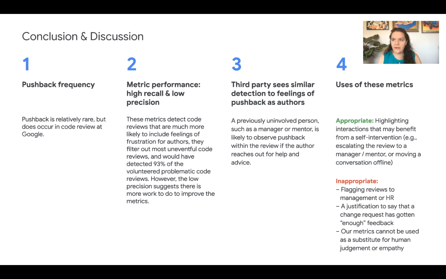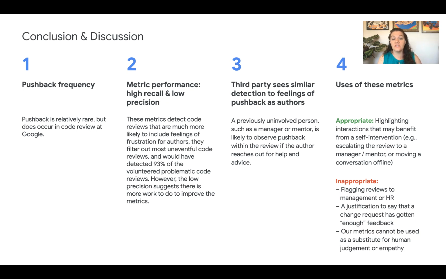They have high recall and low precision, and that means these metrics detect code reviews that are much more likely to include feelings of frustration or pushback for authors. They filter out most uneventful code reviews and would have detected 93% of those volunteered, very problematic code reviews.